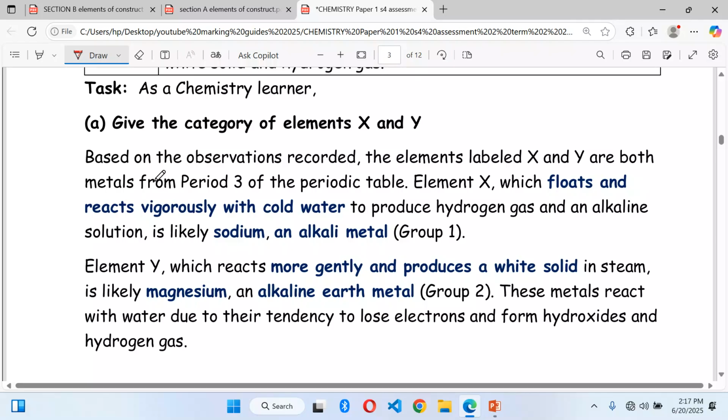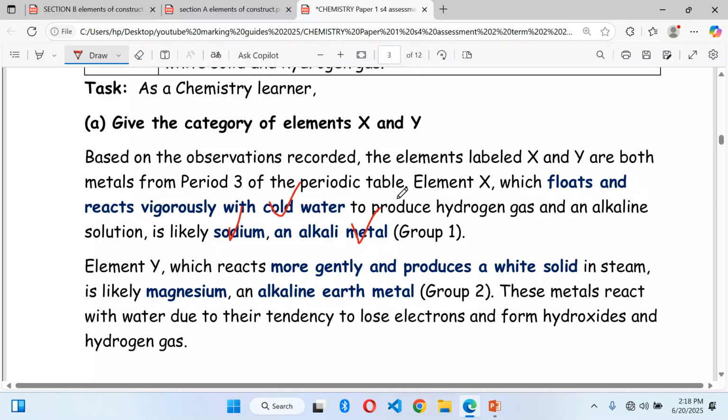Now, these are metals. That is number 1. But now we need to know which metal is X and which metal is Y. That's what we are looking for. So here we're saying that element X, which floats and reacts vigorously with cold water to produce hydrogen gas and an alkaline solution, is likely sodium, an alkali metal.